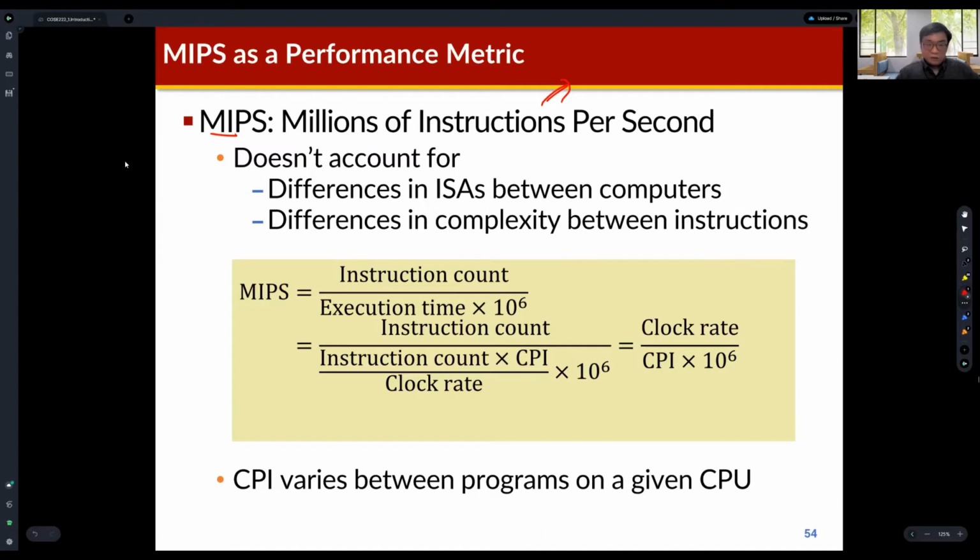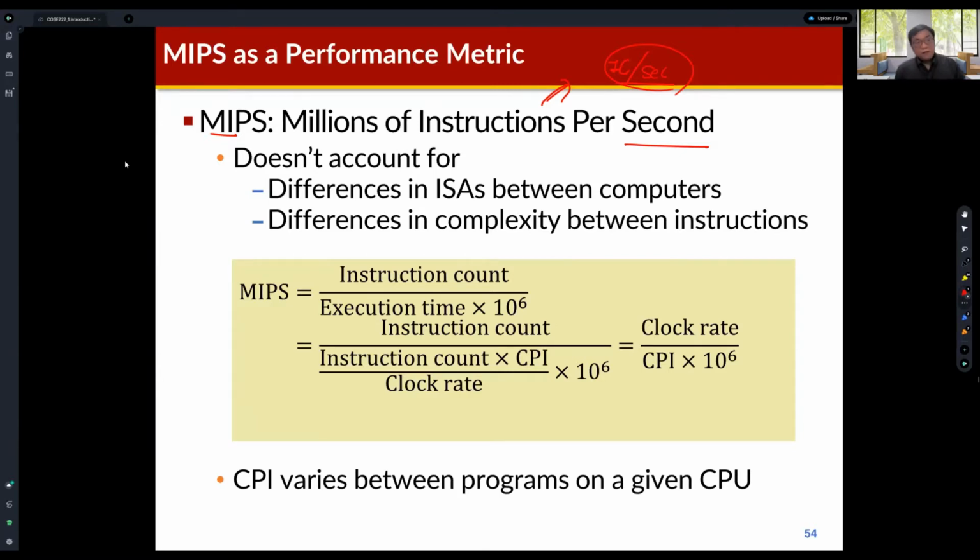The unit of MIPS is the instruction count divided by time, in seconds. So MIPS just tells how many instructions are executed per unit time.